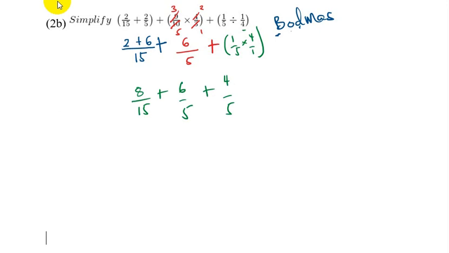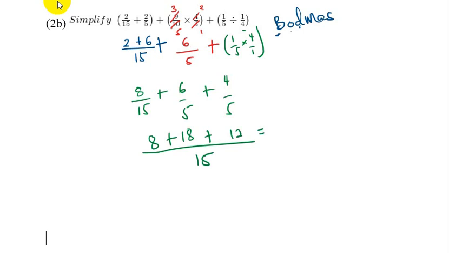Now that we have 3 terms and they are all fractions, we will find the LCM again. So the LCM for all this will be 15. 5 goes here 3. 3 times 4 is 12 plus 5 goes into 15 3 times. 3 times 6 is 18. Now 15 goes into 15 1 time, times 8 gives me 8.